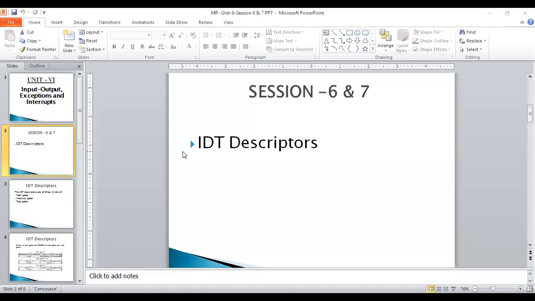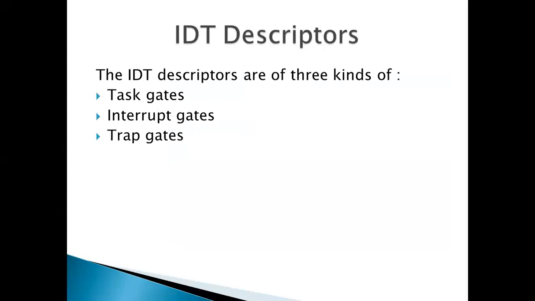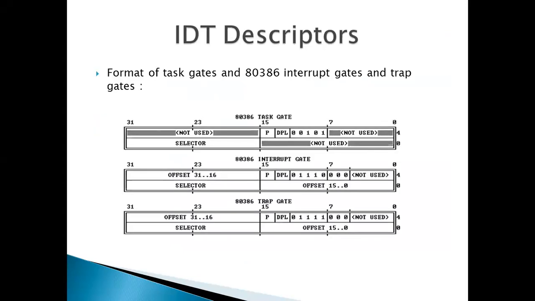So if you are able to get this IDT descriptor, in this we'll see what different values it has, right? The IDT is of three kinds, where we get the information: a task gate, interrupt gate, and trap gate.